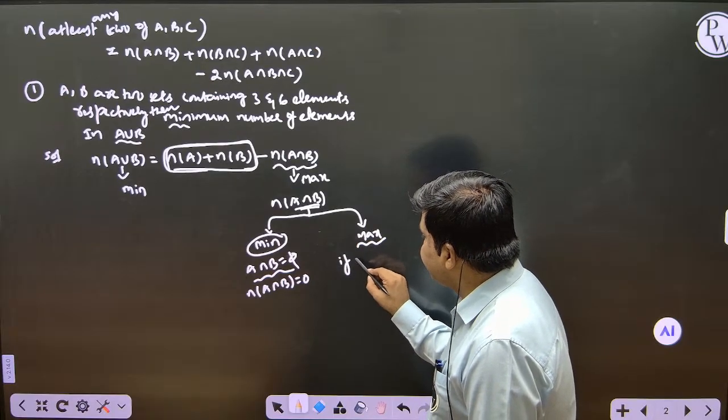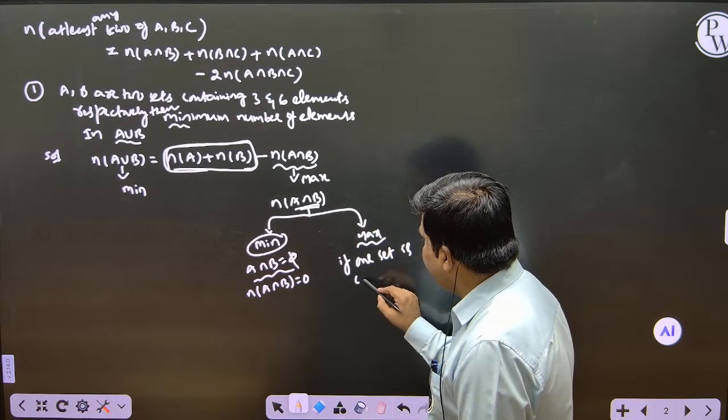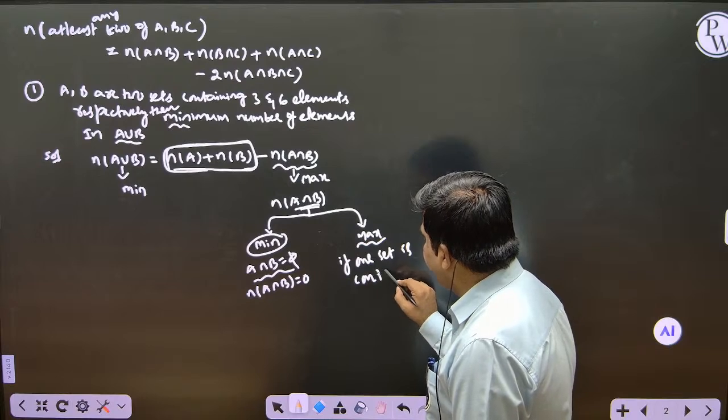But when it is a maximum, A intersection B is a maximum if one set is contained in another set. Contained means subset.